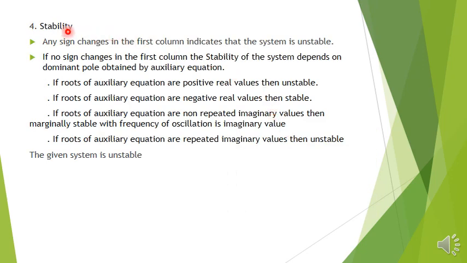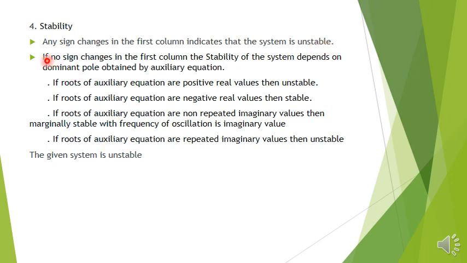For stability, there are different cases. Any sign change in the first column indicates the system is unstable. After replacing the row of all zeros by the auxiliary polynomial coefficients, if there is still a sign change in the first column, then the system is unstable.